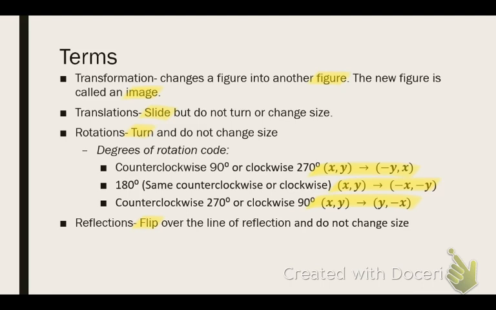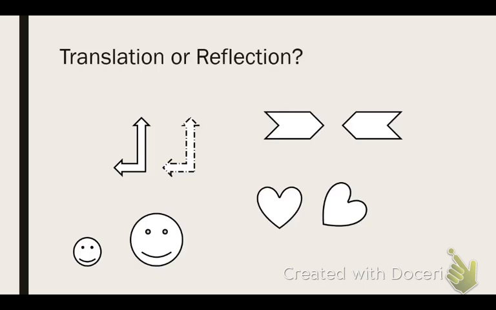All right, ready? Okay, now this next slide is not exactly how you see it on your review sheet. Just did you answer the translations and reflections questions? And let's talk about each one of these. Okay, so we have this set. We have this set. Okay, we have the smiley face set and the hearts.